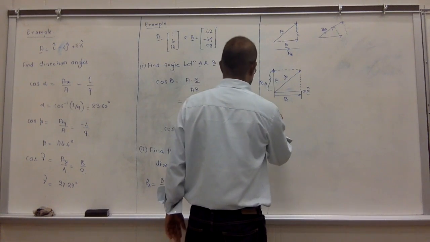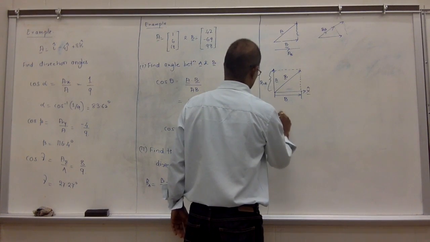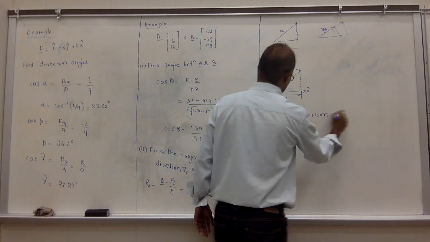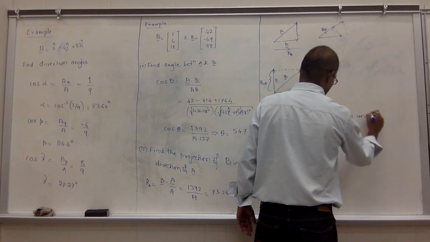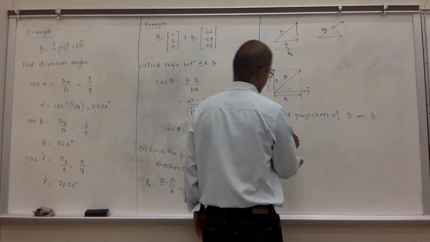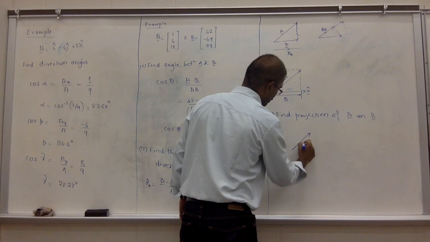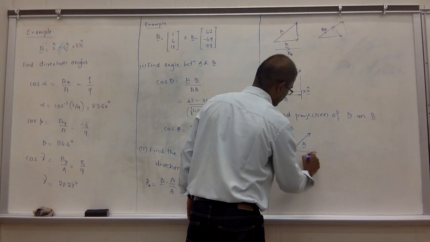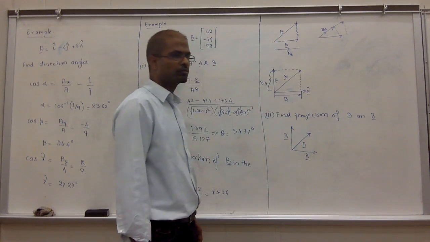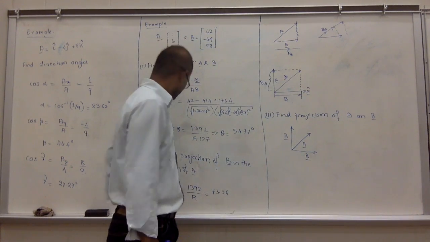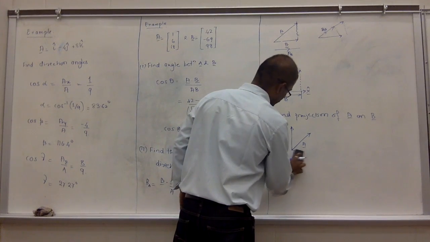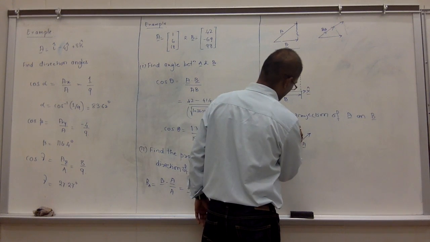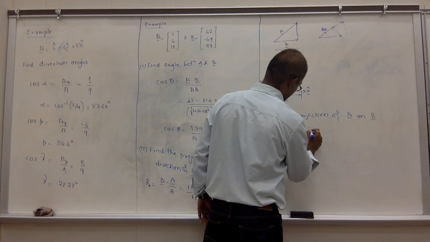If you are asked this question, find projection of A on B. So in this case, what is this? This is your A, okay? Either this is B or this is B. Alright? I want you to pay attention to this. So you're just going to draw this and get this.